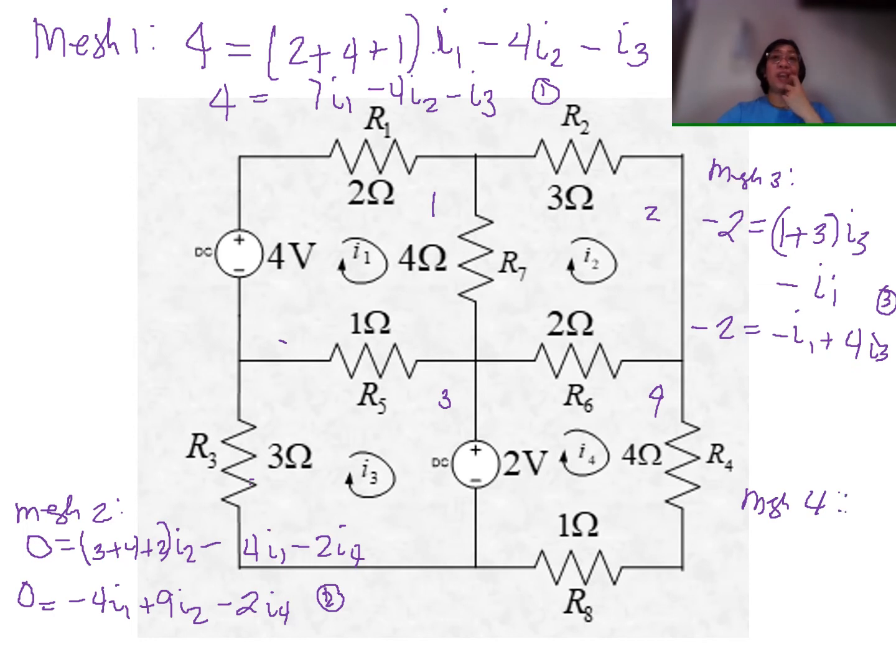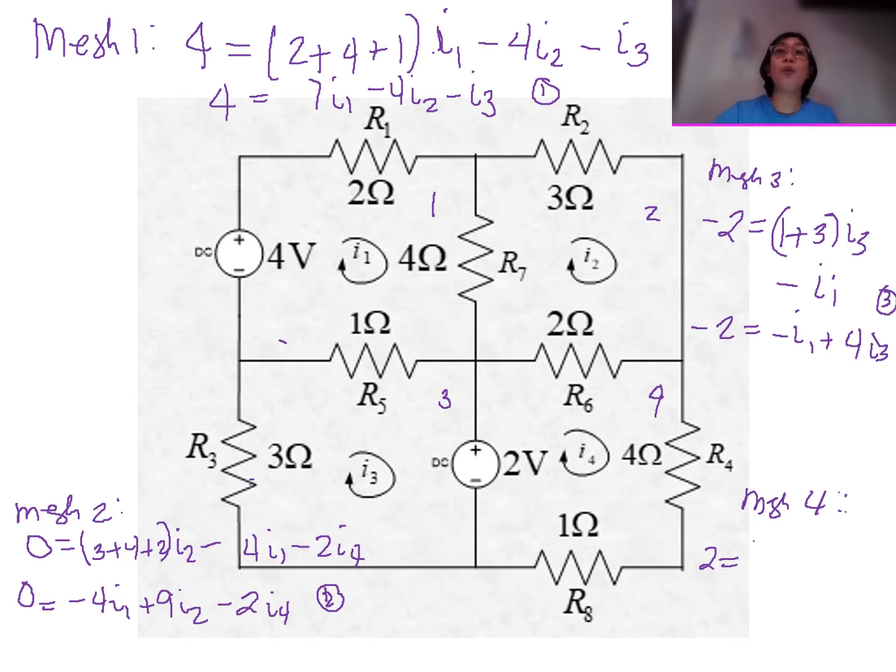Mesh number 4. Okay, so by moving along mesh number 4, we exit your positive 2 volts. So therefore, we have here 2 is equal to, okay, all resistors connected to mesh number 4.